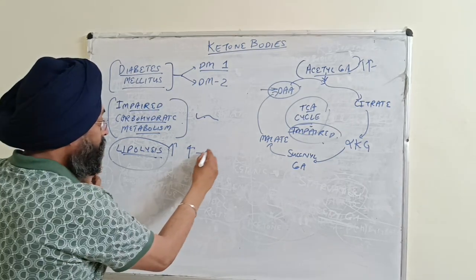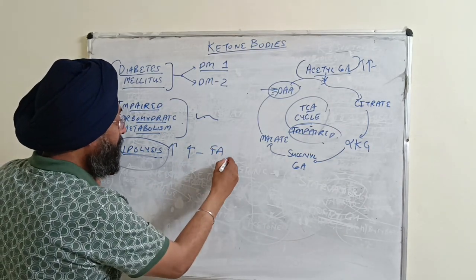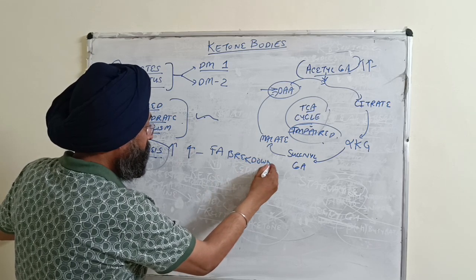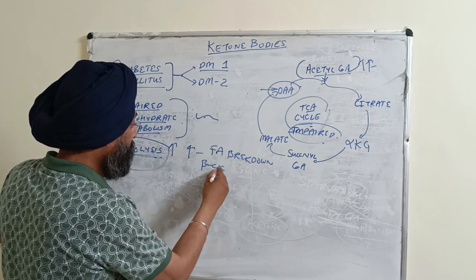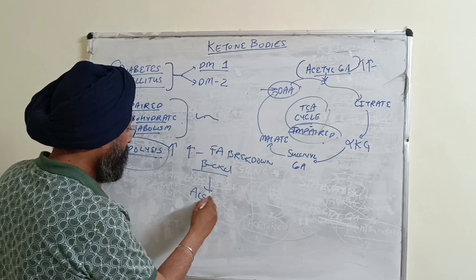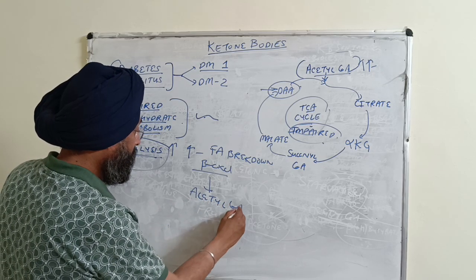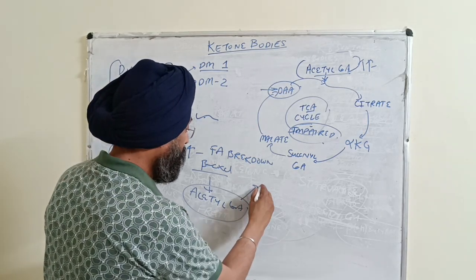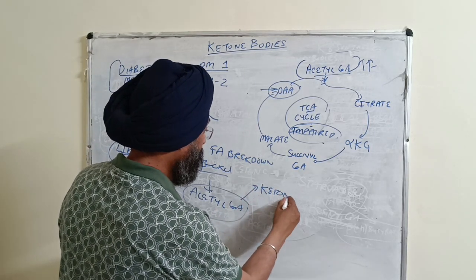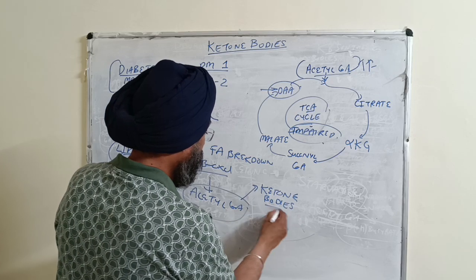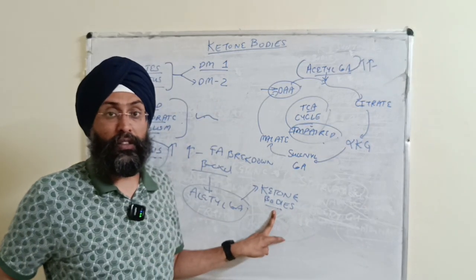So when fats break down via beta oxidation, we will get high amounts of acetyl CoA, right? And this acetyl CoA is the precursor for synthesis of ketone bodies, right? So there is a great increase in production of ketone bodies.